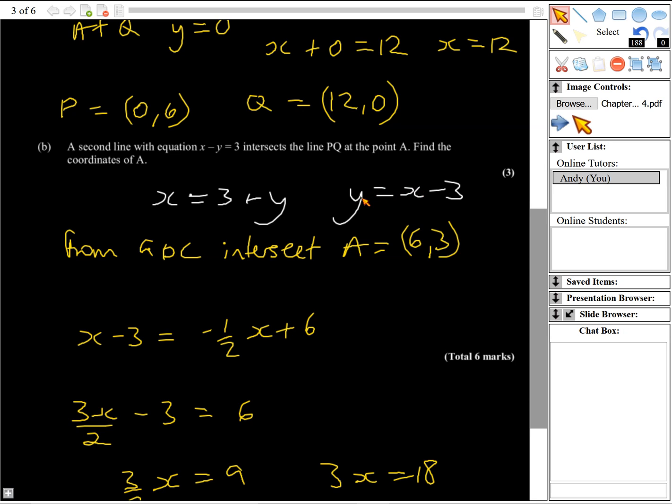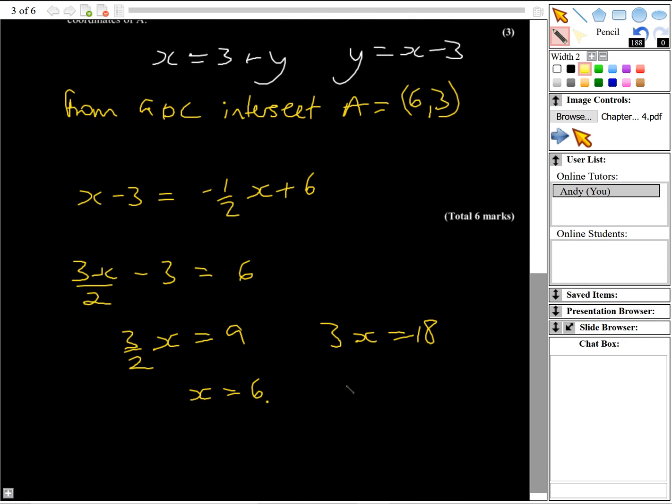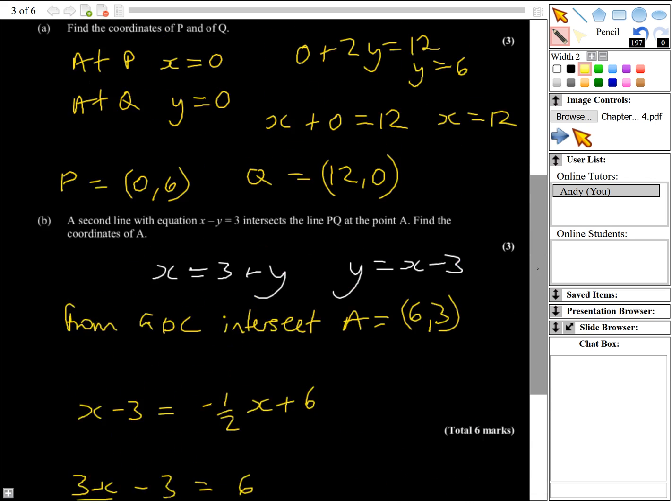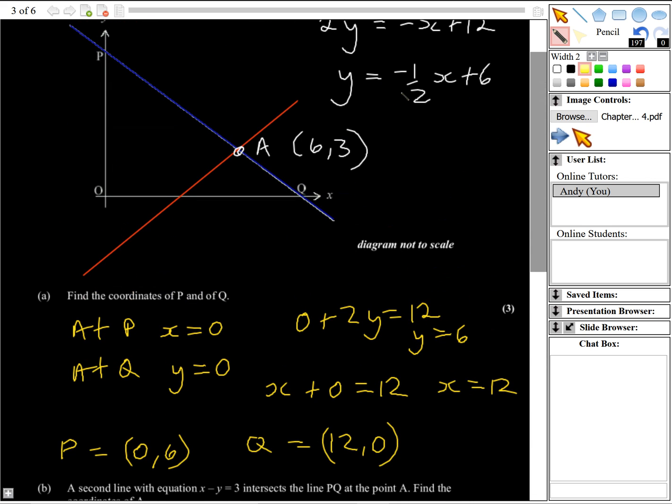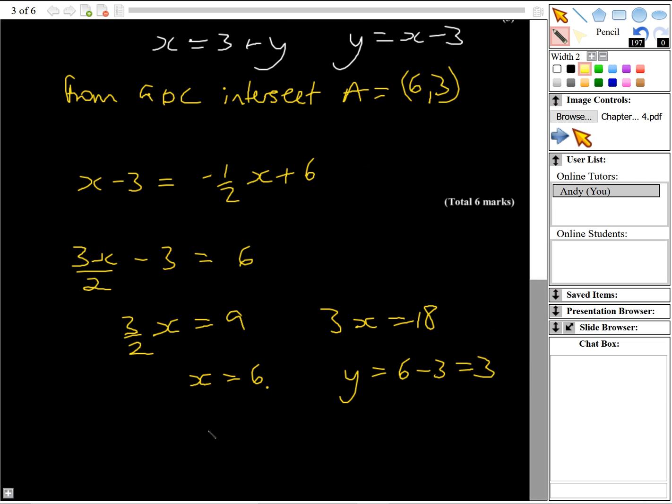So if I use this one, y is equal to x minus 3, then y would be 6 minus 3, which would be 3. And if I use the other one, y is minus a half x plus 6. So y is equal to minus 1/2 times 6 plus 6.